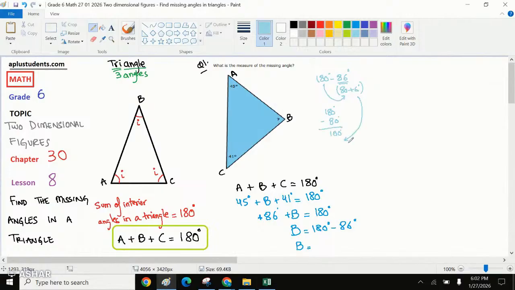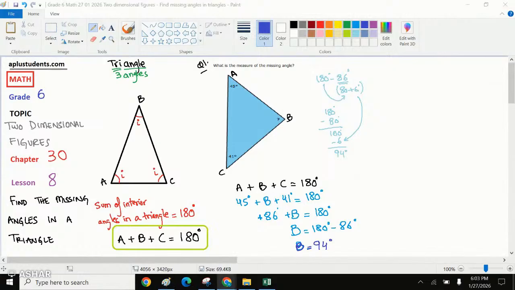Now 100 minus 6 would be 94. So we can say that the angle B comes out to be 94 degrees. Okay, let's verify. 45 plus 41, that is 94. Okay.